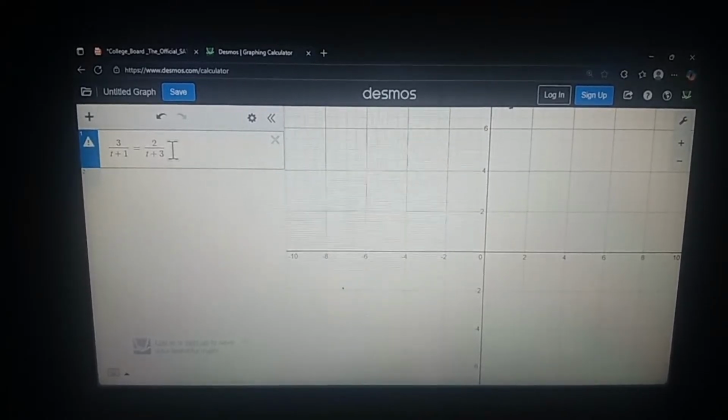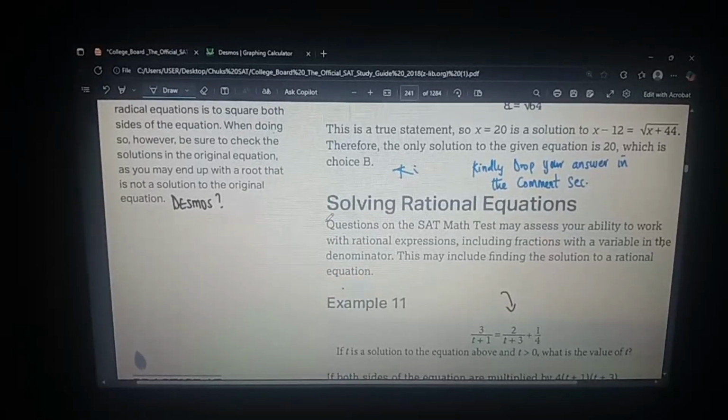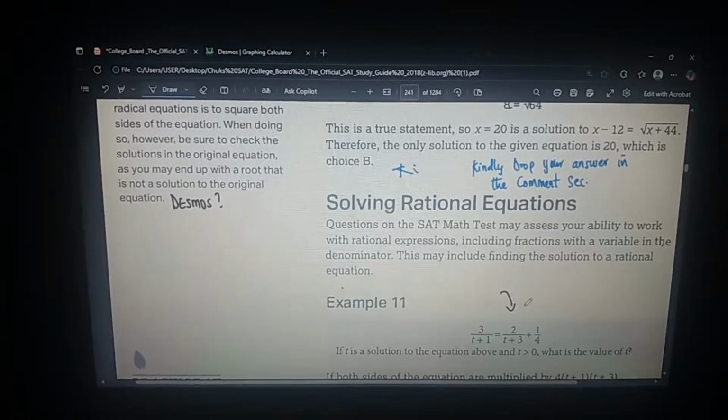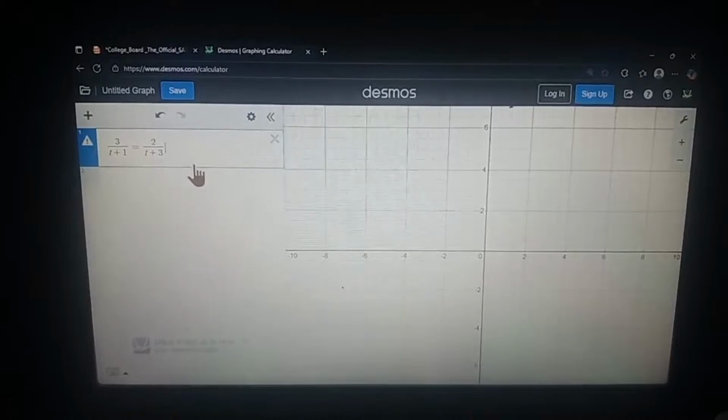It's pretty easy to input this equation. If you've not done it before, take your time, practice, and play around with the Desmos calculator, and you'll be good with it.